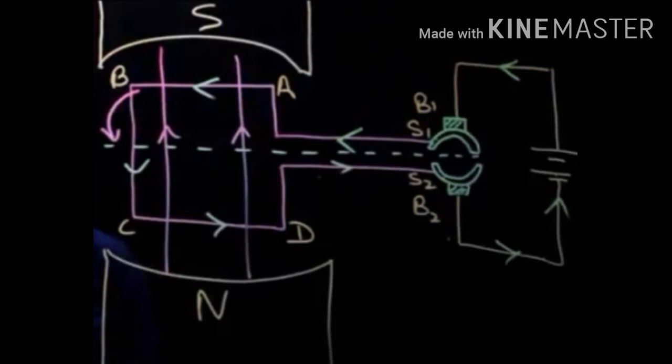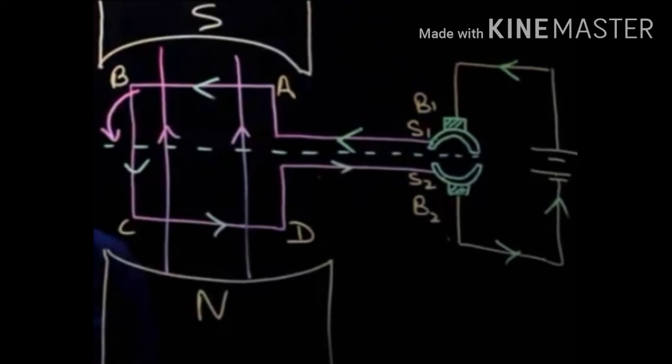Now, using Fleming's left hand rule, the middle finger denotes the direction of the magnetic field, and the four fingers direct the current. Then the thumb automatically aligns, and the side the thumb points to is the direction of force.